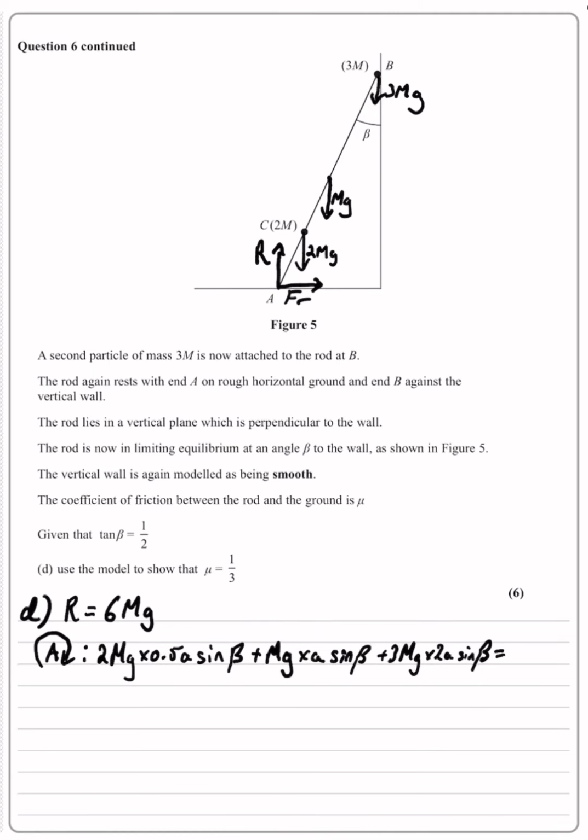And that's going to be equal to, I haven't actually labeled it on this diagram, but I'm still going to call it S, S times 2a cos beta.